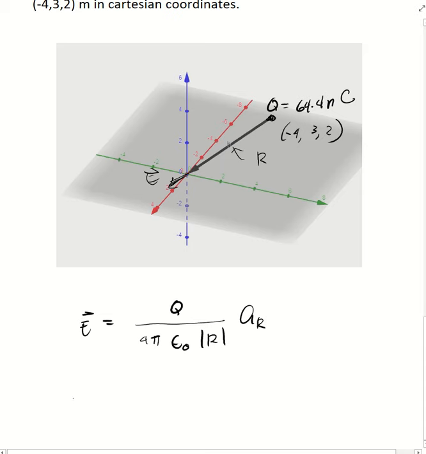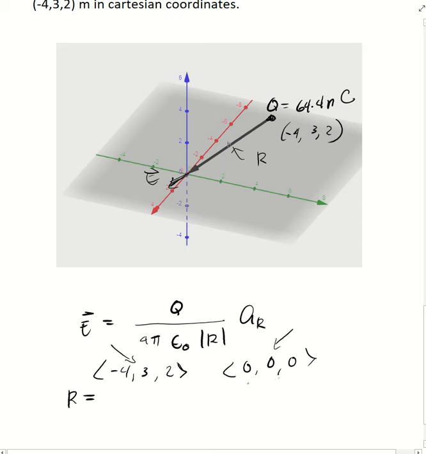So how do we determine R? R will be equal to what? So this is in the origin. It's going to the origin. So for the position vectors, we just subtract them. What are the position vectors? Negative 4, 3, 2, and the other one, 0, 0, 0. So the origin is the end point, and this is the starting point.